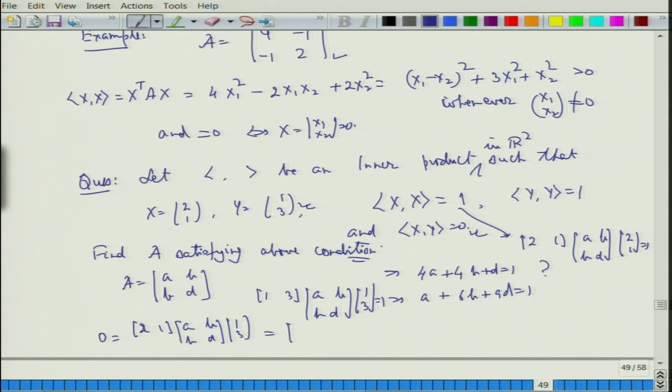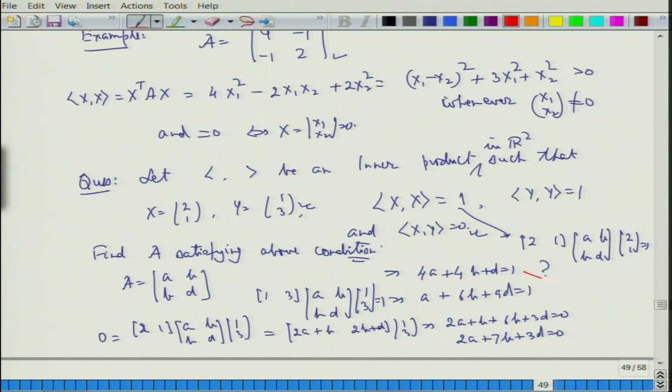Just multiply. So 2a plus b, 2b plus d, times (1 3), will imply that 2a plus b plus 6b plus 3d is 0, which is the same thing as saying that 2a plus 7b plus 3d is 0, all right.